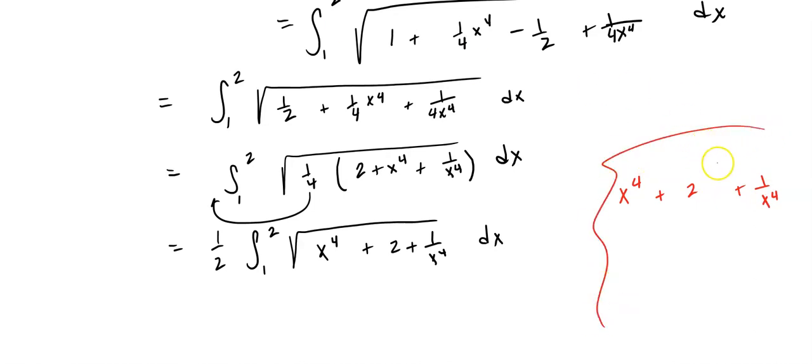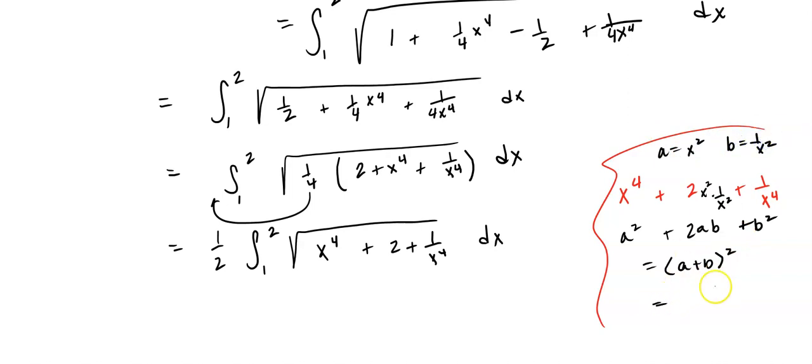If we were to multiply by x squared times 1 over x squared here, we would have our a squared plus 2ab plus b squared format, which we know turns into a plus b squared. Here our a is x squared and our b is 1 over x squared. So this is x squared plus 1 over x squared, squared.